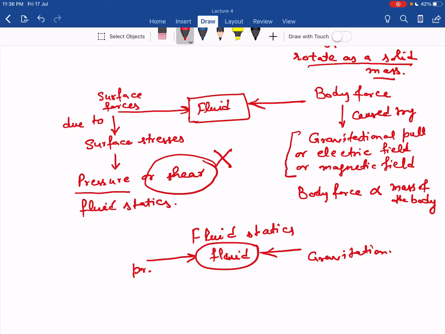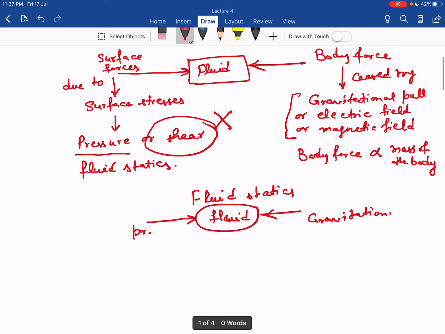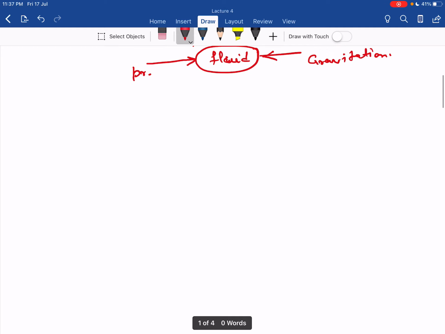So the fluid which is under static condition experiences the forces by pressure or by the gravitational pull. Okay. So on the basis of this, we have certain laws for fluid statics. The first law we have is Pascal's law.